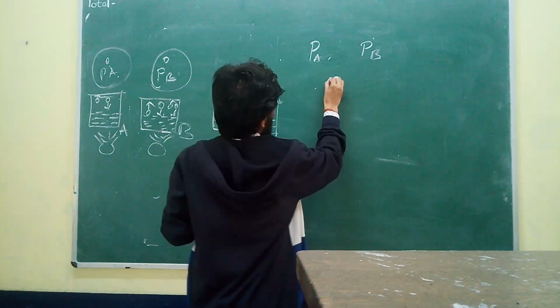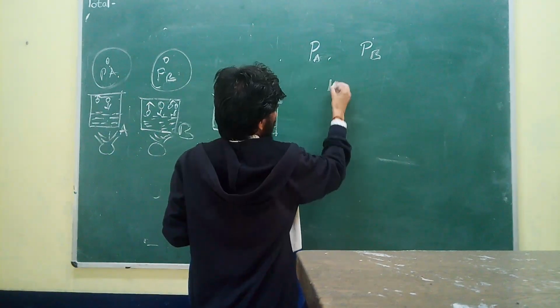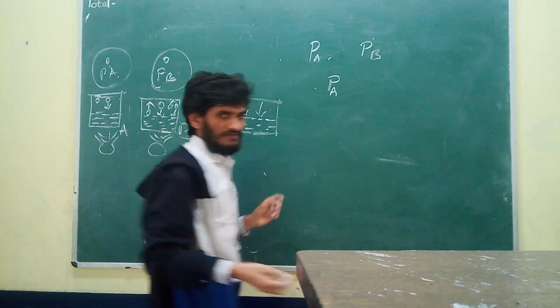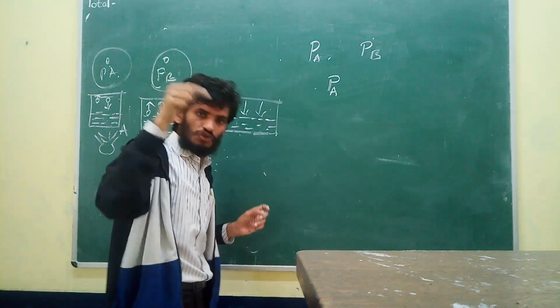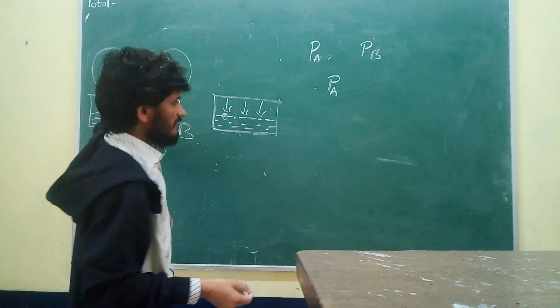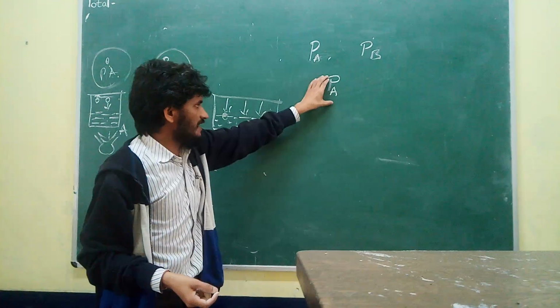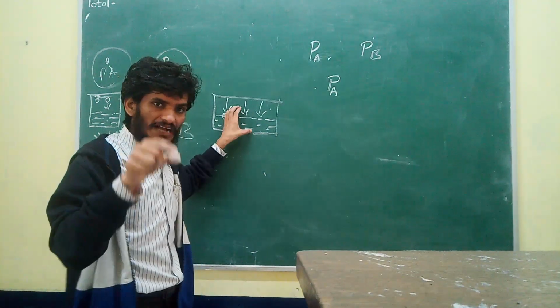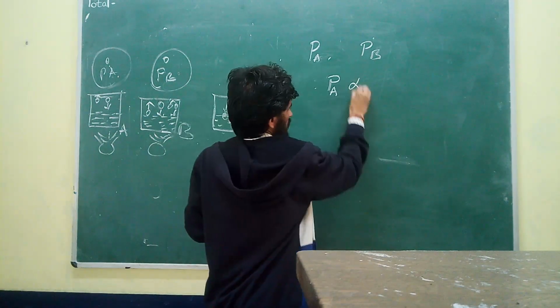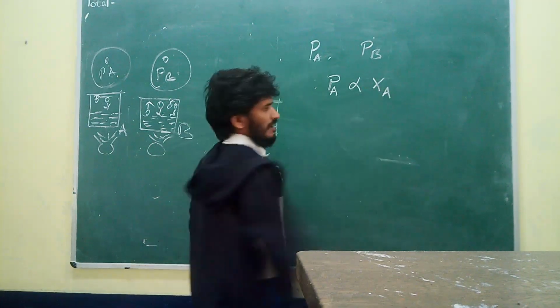Understand? According to Raoult law, PA means the vapor pressure of solvent A in solution, not in pure form. In pure form we know P naught A, but PA is the vapor pressure of the A component in solution. PA is directly proportional to the mole fraction of that component.